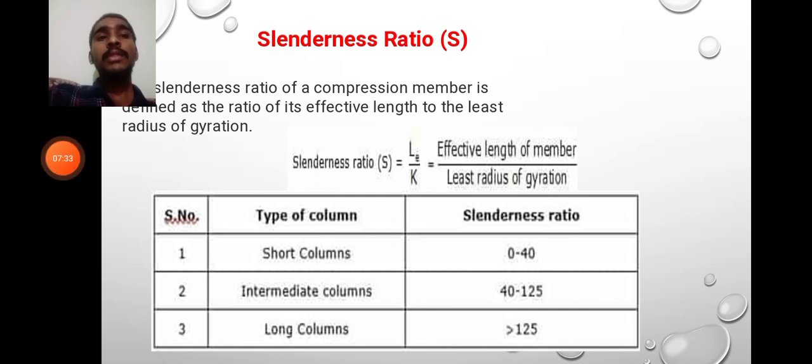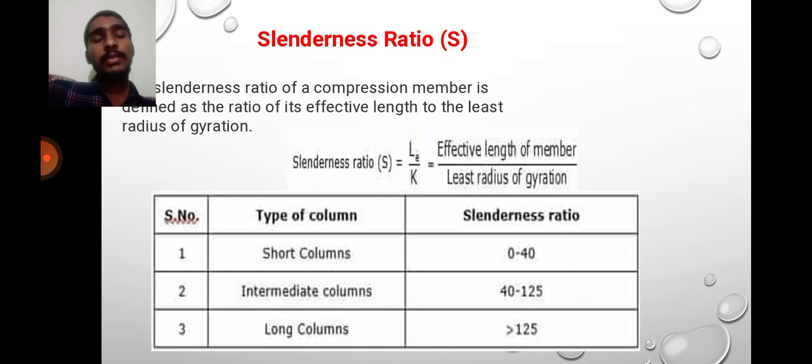Slenderness ratio of a compression member is defined as the ratio of its effective length to the least radius of gyration. Slenderness ratio is represented by capital S, Le by K, that is, effective length of member by least radius of gyration. This is the table.